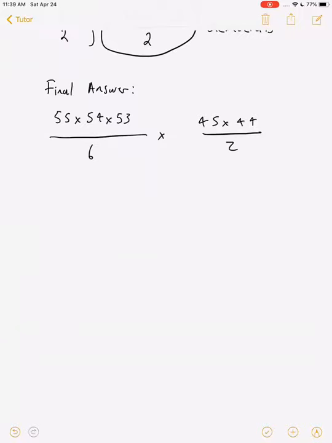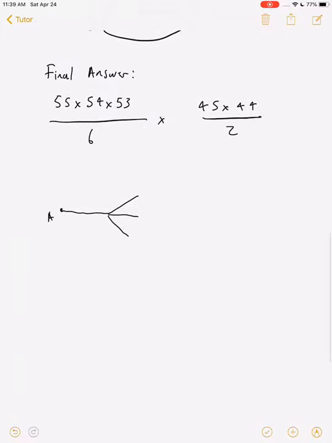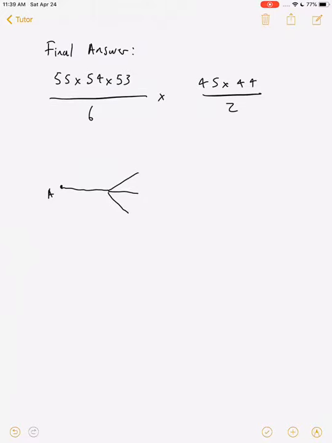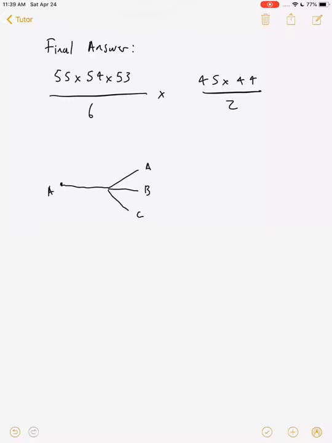So if we have a guy here, he's at A, and then he goes down this path, and then he can go down this path, or this path. Those are 3 different paths. So let's say that's A, B, C, then we have to add these.